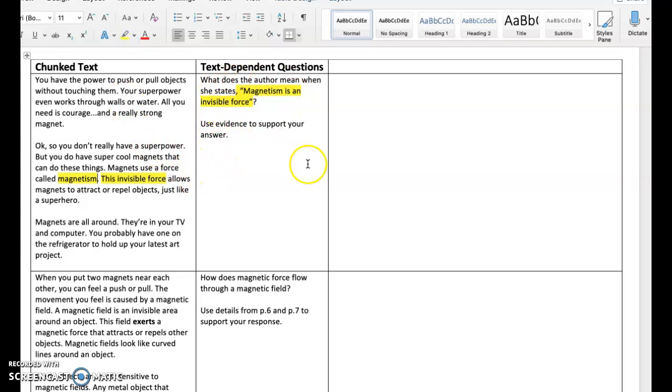So what does the author mean when she states magnetism is an invisible force? Let me rewrite it using the sentence. When the author says that magnetism is an invisible force, she is saying that magnets can attract or repel objects.